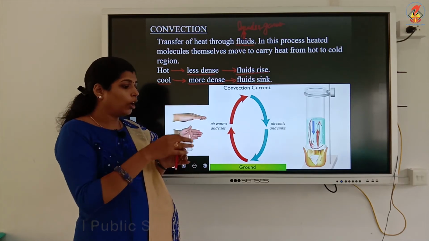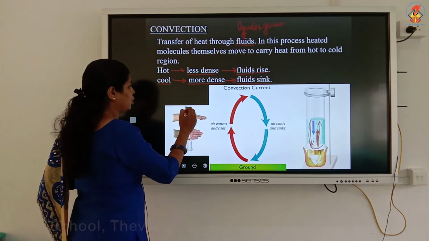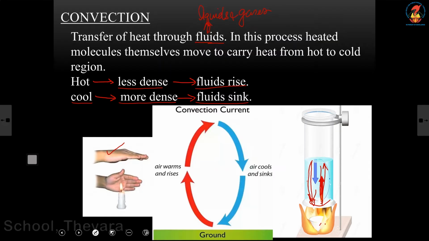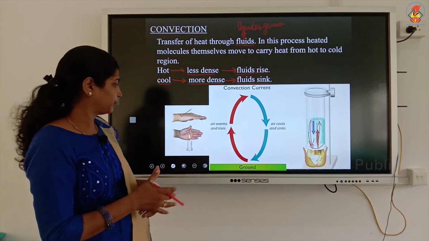This position or this position? Definitely this position will be more hot, because air will become hot, it will be lighter and it will move in the upward direction. So if you keep your hand at this position, then you feel it more hot.